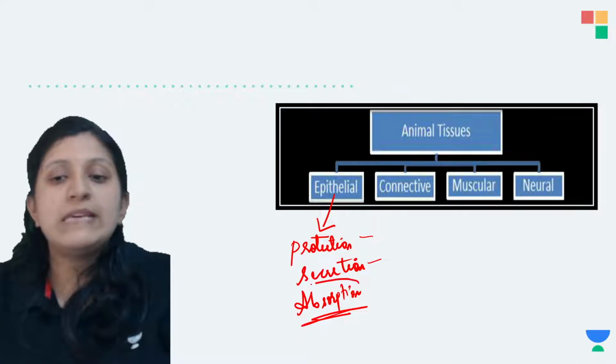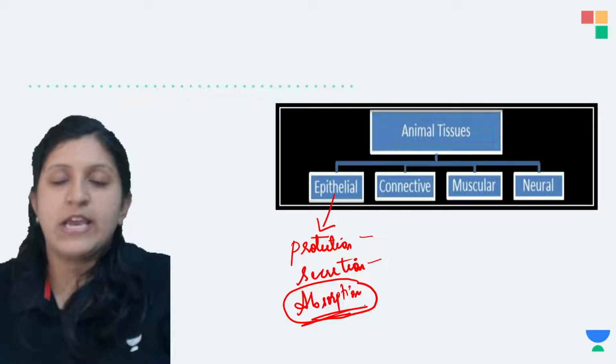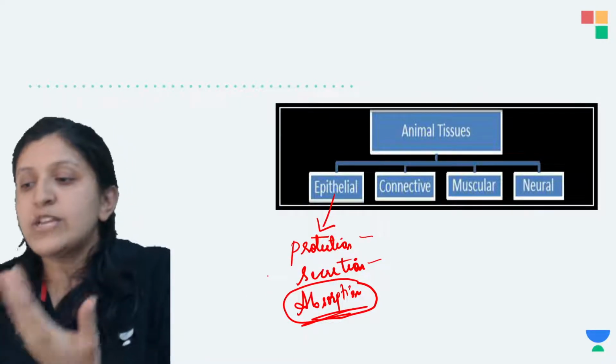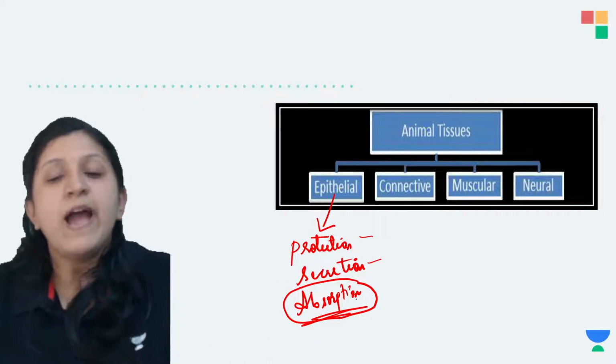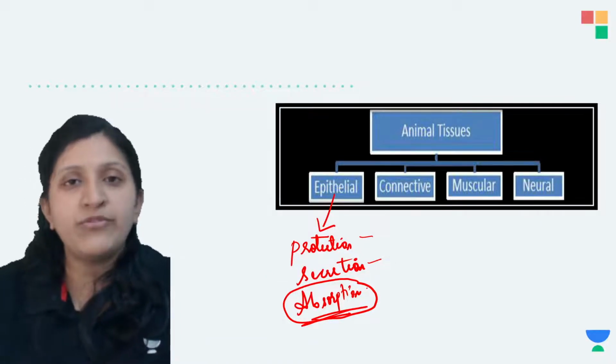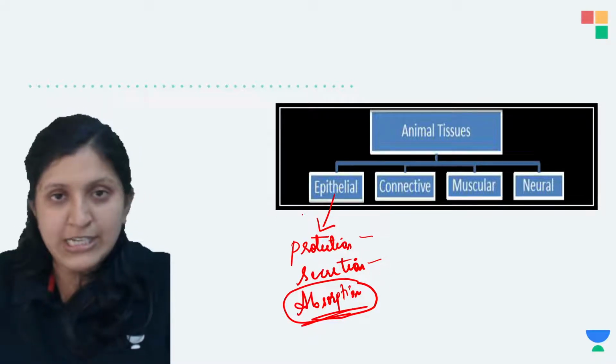Now this digested food is taken into the tissues or cells, basically through the blood. It will be taken inside the blood, and through the blood the digested food is supplied to the different tissues. So absorption is again done by the epithelial tissue itself.